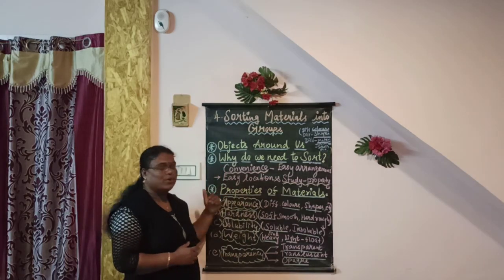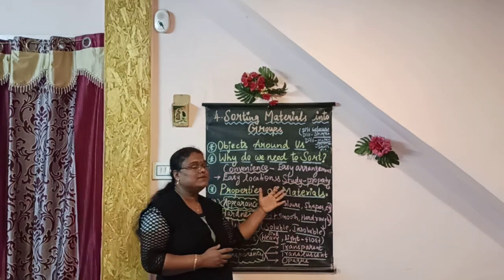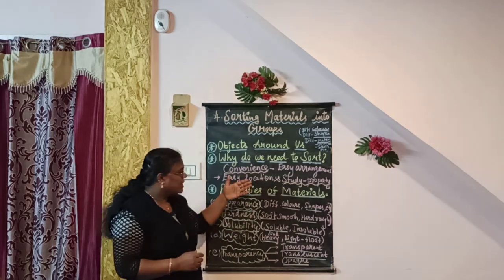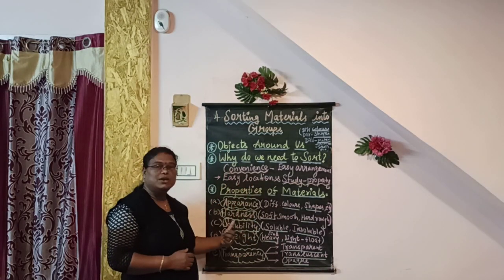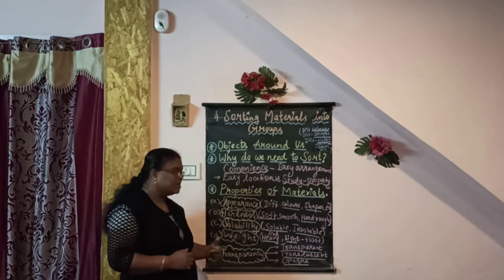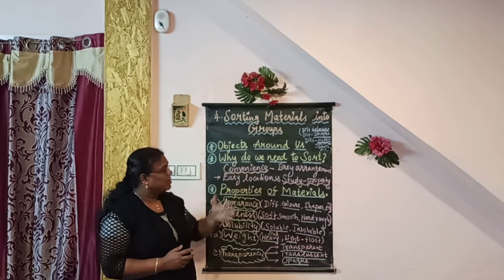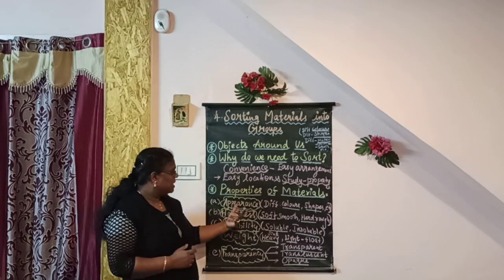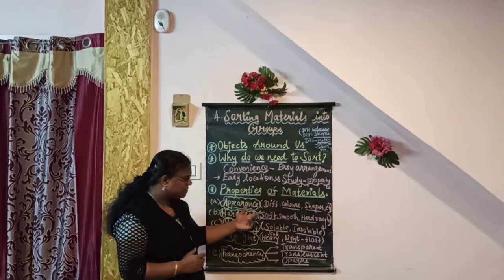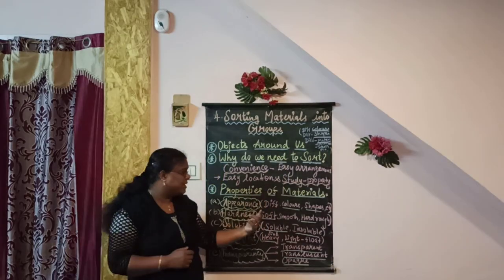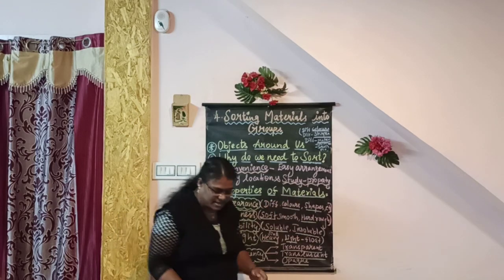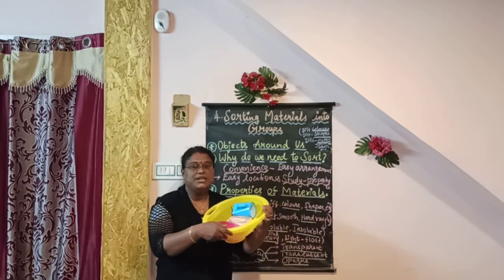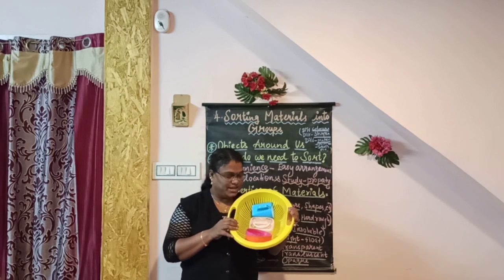Next one we are going to study is properties of materials. Under this we are going to study appearance, hardness, solubility, weight and transparency. First we will study about appearance. As I told already, there are different colors and shapes of materials. See, these are different shapes and colors of materials.